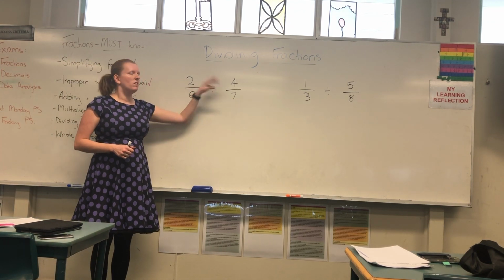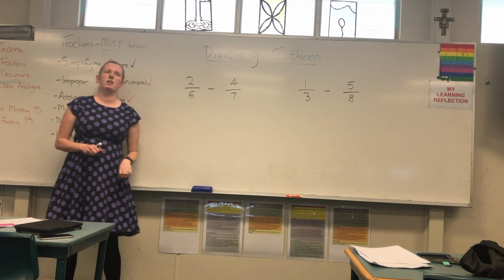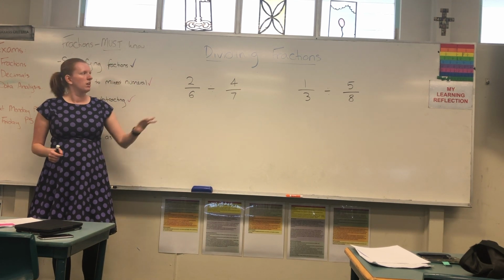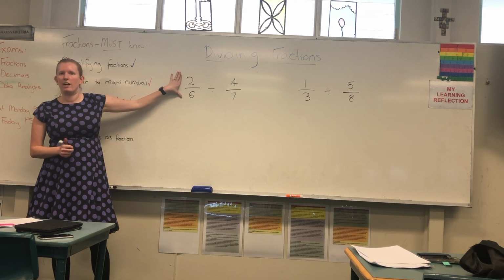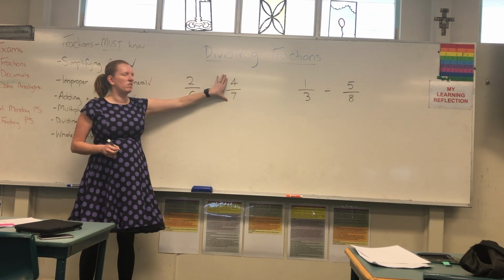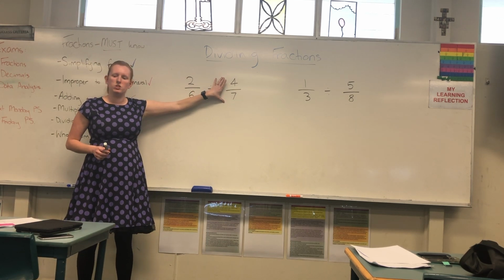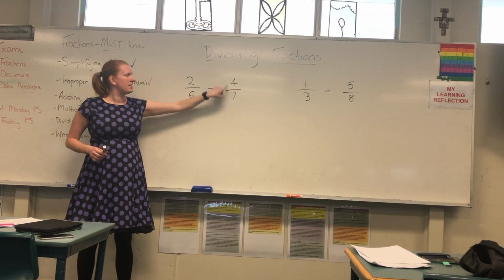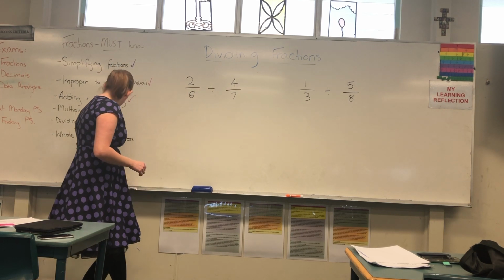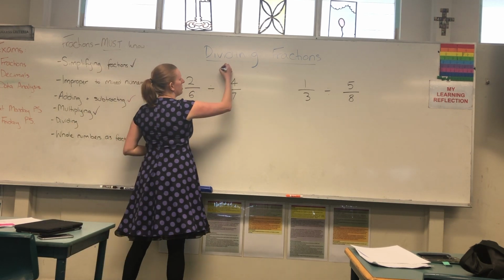Now, dividing has a little magic trick that I love. So this is our first fraction, and this is our second fraction. What I want to do is flip my second fraction upside down.